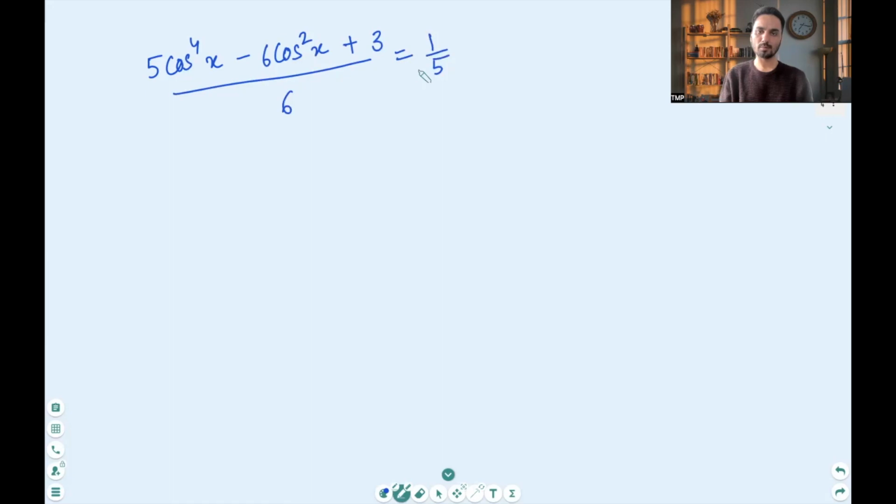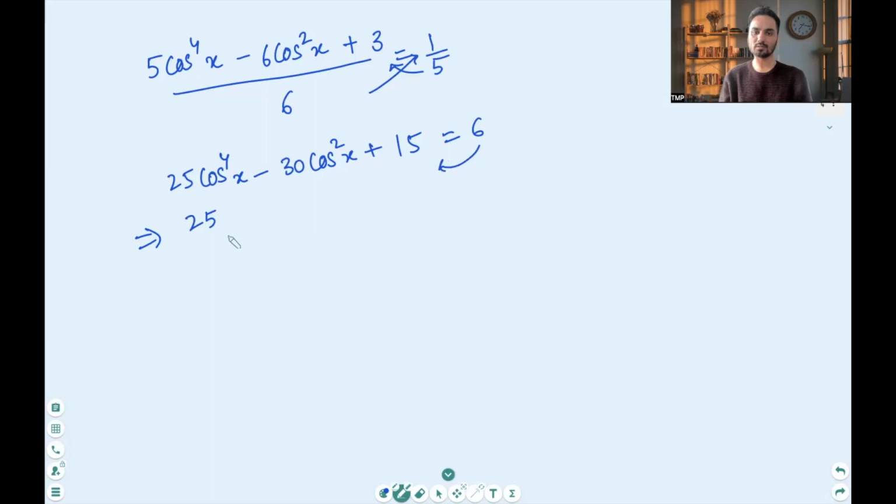And if we multiply the left hand side with 5 and the right hand side with 6, we will get 25cos⁴x − 30cos²x + 15 = 6. And if we simplify it further by bringing 6 on the left hand side, we'll get 25cos⁴x − 30cos²x + 9 = 0.